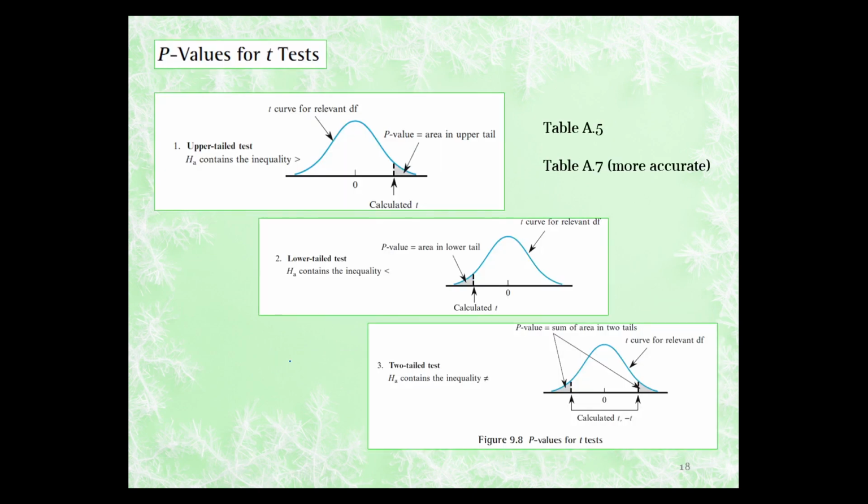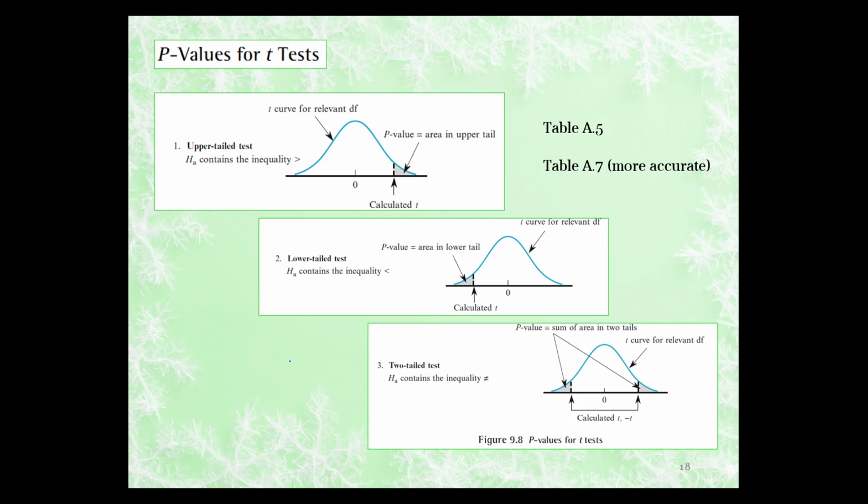So next we will do the p-values for t-tests, and we're going to use 2 different tables for that. So you'll see table A5 is the one that we've used before, and then we'll look at how we can use table A7 as well, which will give us more accurate p-values, and then we'll also have a look at R. But basically the approach is exactly the same as before.